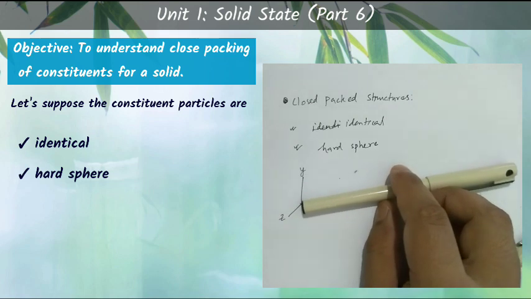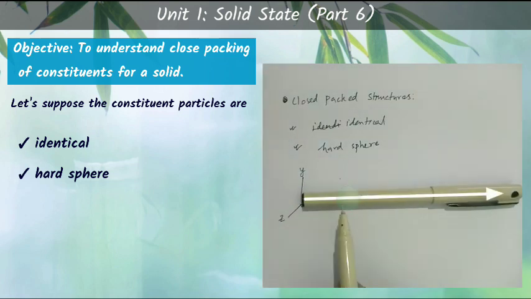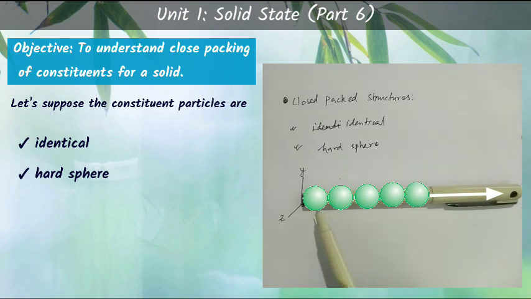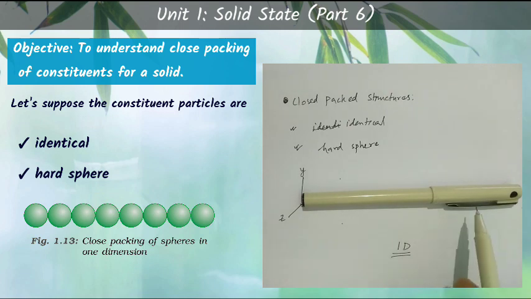If you are going to consider only one dimension, then the constituent particles will be arranged in only one way, only in a line. That is the one direction. So if you consider one dimension arrangement, it will be in one line. Understand? And if you are going to consider it in 2 dimensions, then it will be like that.